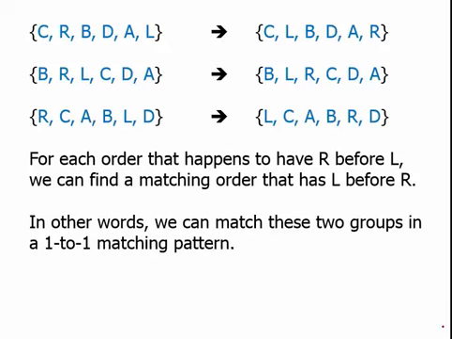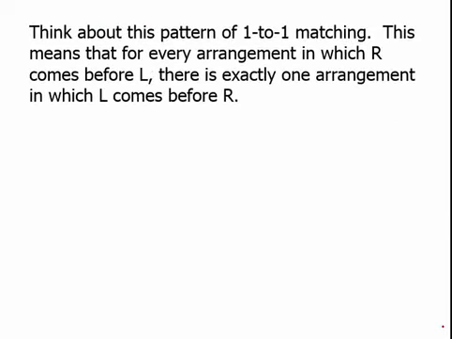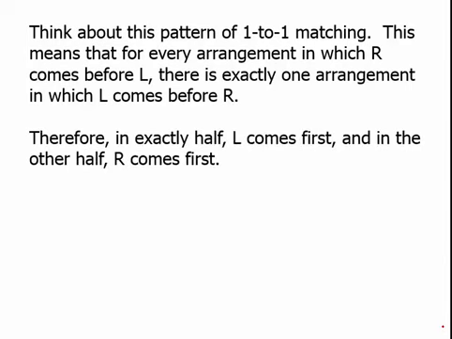This is a really big idea. Think about this pattern of one-to-one matching. This means that for every arrangement in which R comes before L, there is exactly one arrangement in which L comes before R. Therefore, in exactly half, L comes first, and in the other half, R comes first.